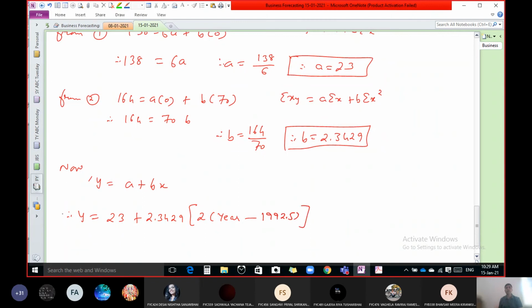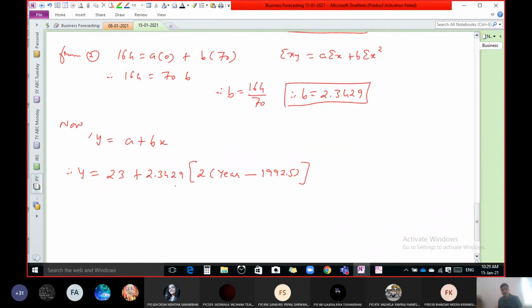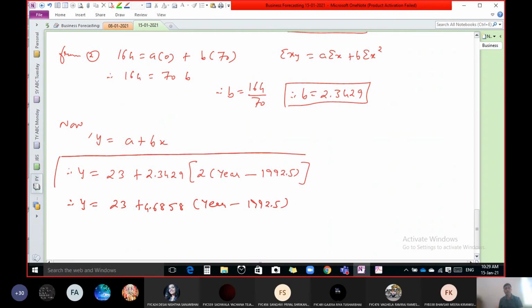So this is the final equation, and you can multiply this 2 with this. That is also possible. So y equal to 23 plus 4.6858 in bracket year minus 1992.5. Either you can write this in the exam or the previous one, both are valid.